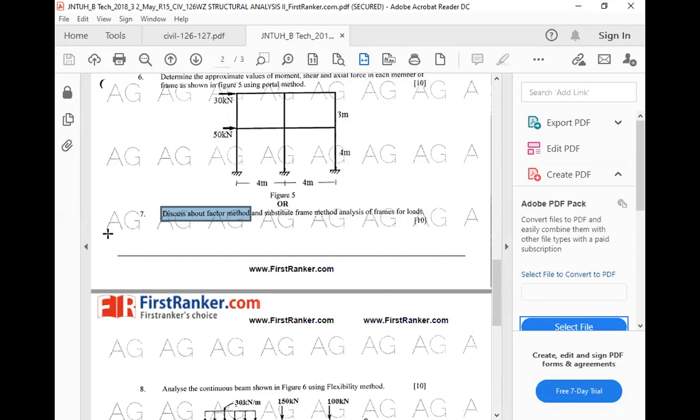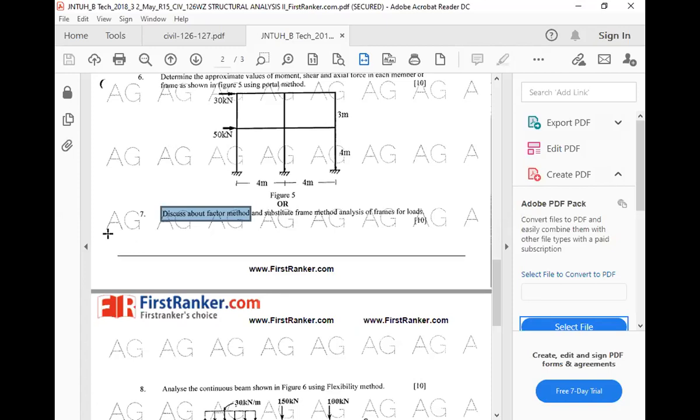Discussing the factor method means you have to write the advantages and disadvantages of the factor method, and write the stepwise procedure. Six steps are there, na? Those six steps, along with the formulas or relations we used in this method, you have to write. That's it. Okay.